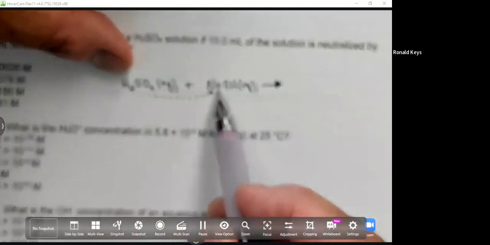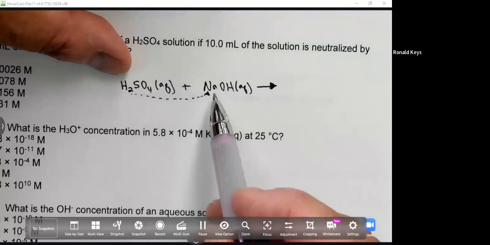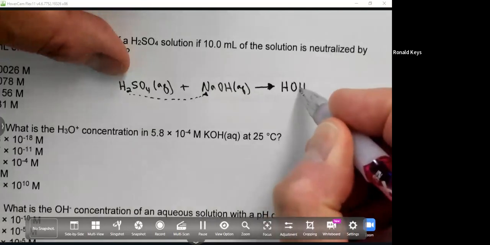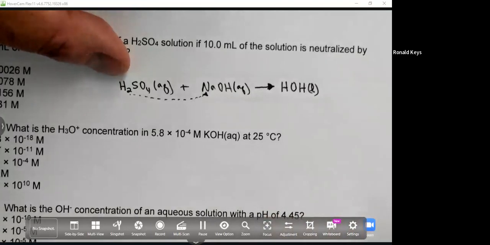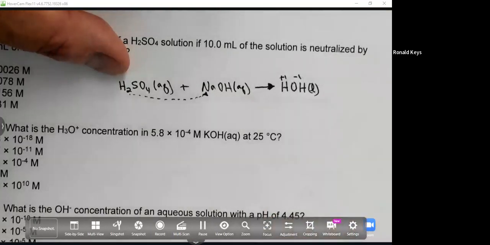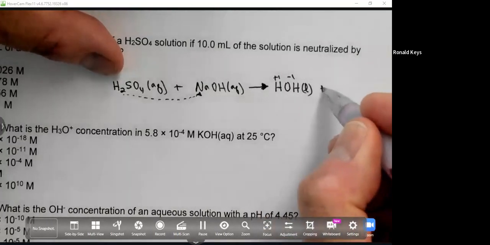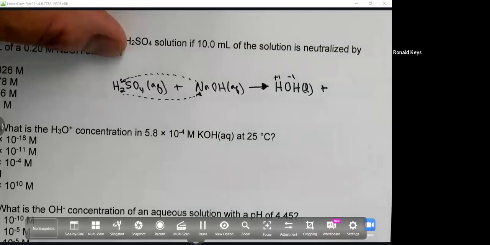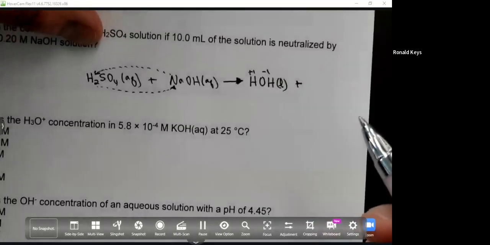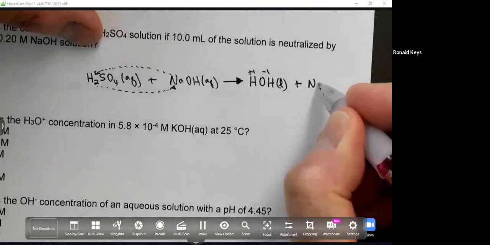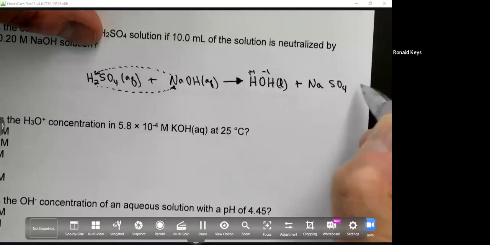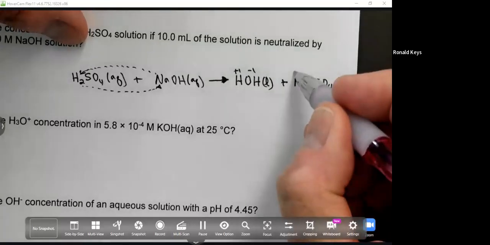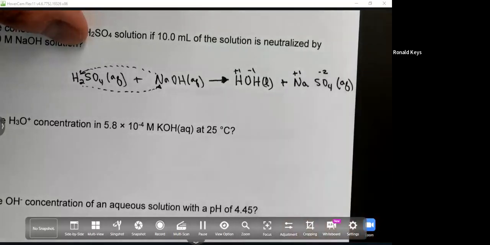So hydrogen takes the place of sodium. If hydrogen takes the place of sodium, we're fine. Write this in as hydrogen hydroxide, which is water, right? And +1 and -1. Plus sodium takes the place of hydrogen, so we'd end up with Na2SO4, and that's going to be aqueous. +1 and -2.